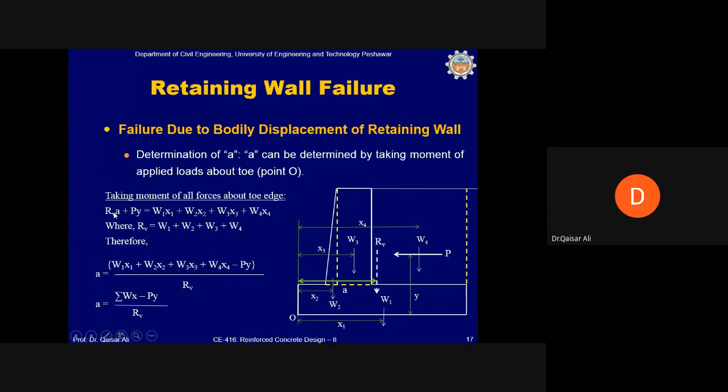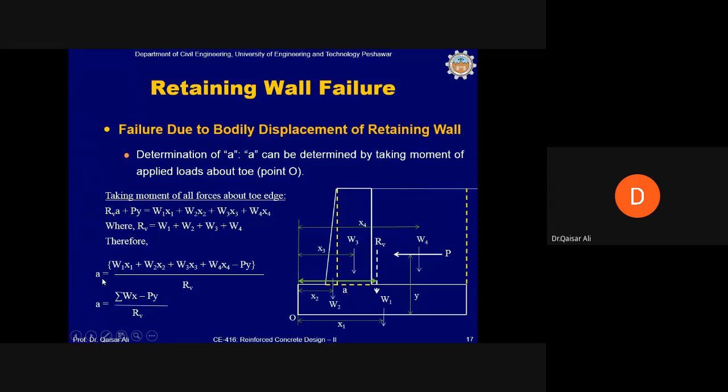You know that RV, which is the resultant of all these weights acting downward, let's say this RV is acting at a distance of a from the point O, then RV times a, which is a stabilizing moment, plus P times y, which is the overturning moment, must be equal to W1x1 plus W2x2 plus so on, where RV is the summation of all these weights.